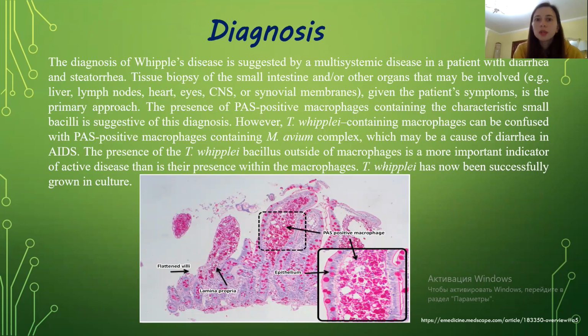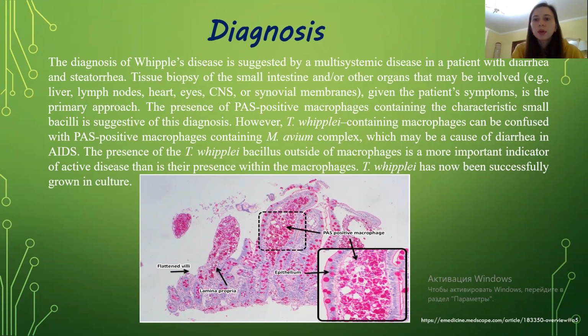Diagnosis of Whipple disease is suggested by a multisystemic disease in a patient with diarrhea and steatorrhea. Tissue biopsy of the small intestine and/or other organs that may be involved, given the patient's symptoms, is the primary approach. The presence of PAS-positive macrophages containing the characteristic small bacilli is suggestive of this diagnosis.